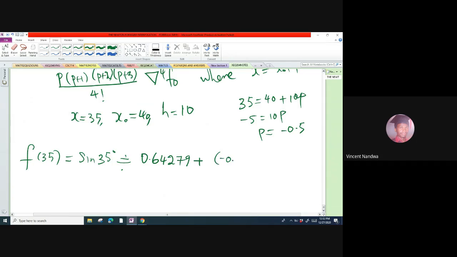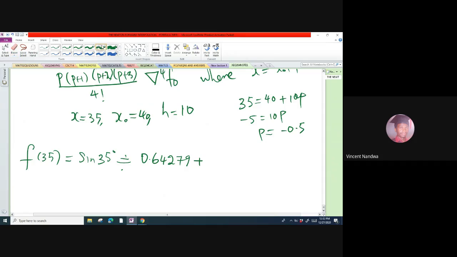Plus negative 0.5 into negative 0.5 plus 1 over 2 factorial, just 2, and then multiplied by, it's not just negative 0.5. Remember, it's p, then first backward.